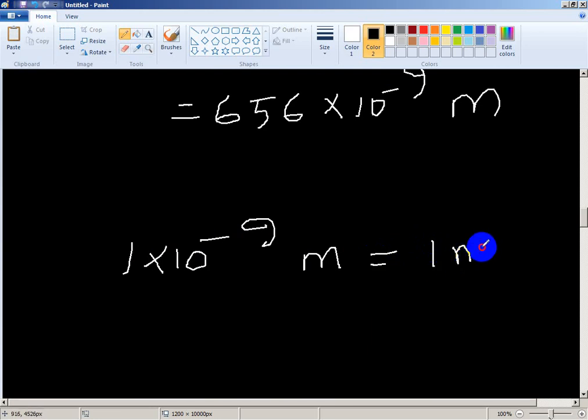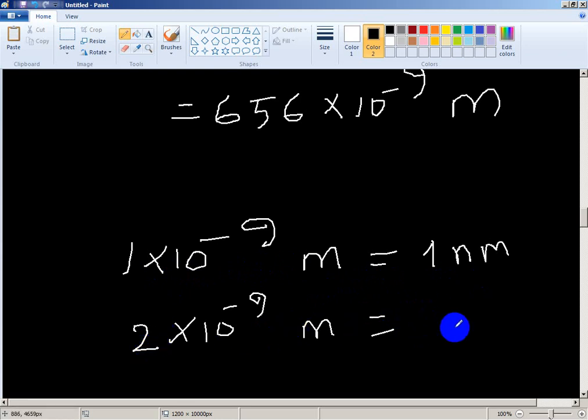So 2 times 10 to the power minus 9 meter equals how many nanometer? 2 nanometer.